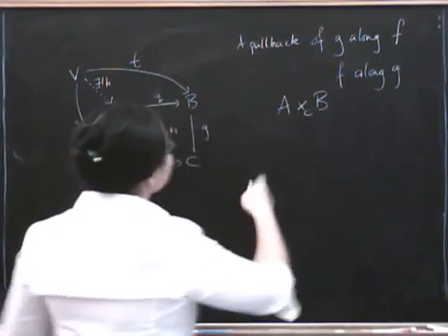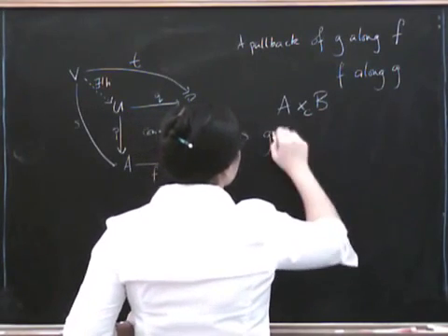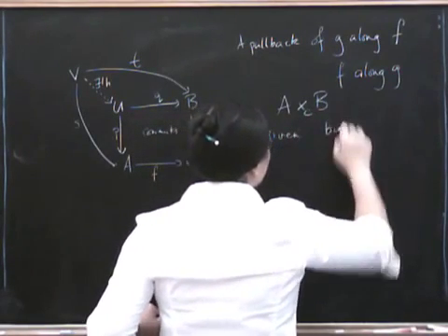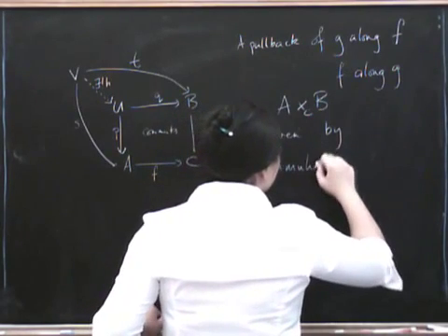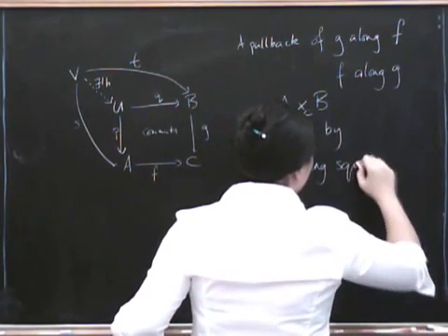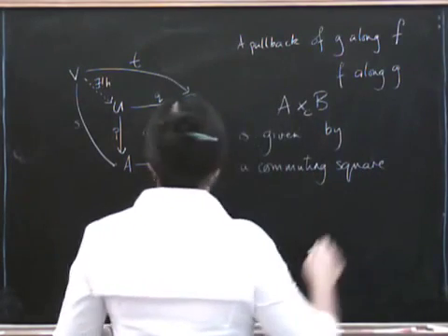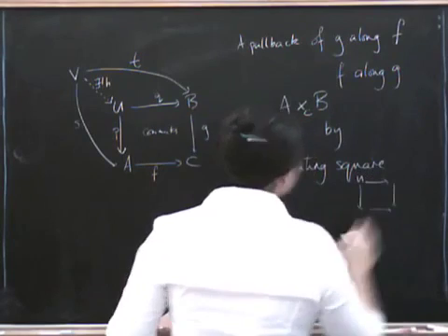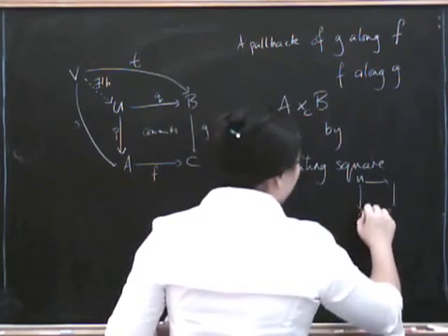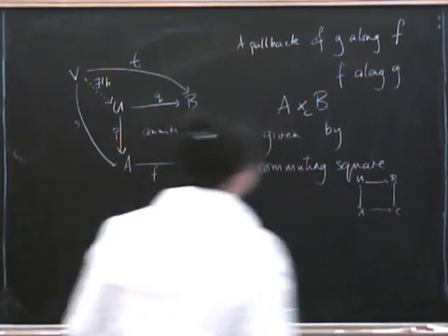Anyway, this pullback is given by a commuting square. So I suppose I should draw it, but I can't really be bothered. But it's the commuting square that's got U up there and A, B and C here.